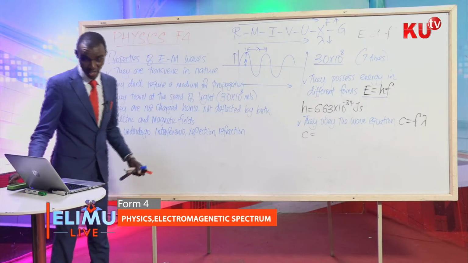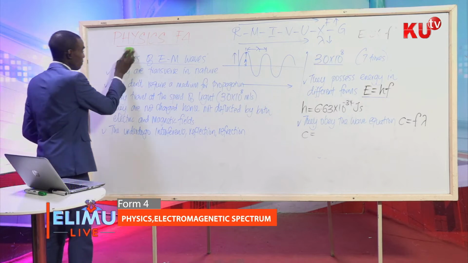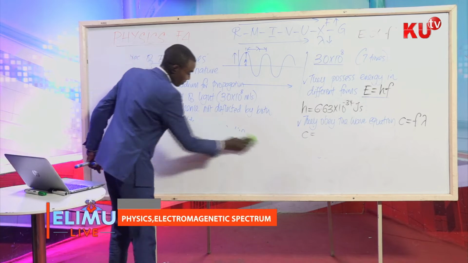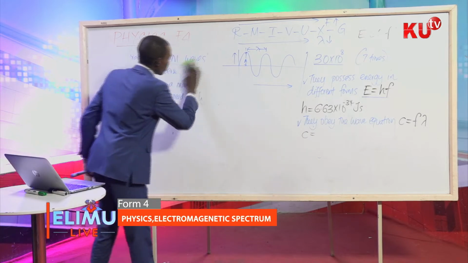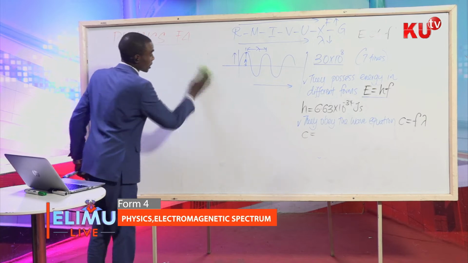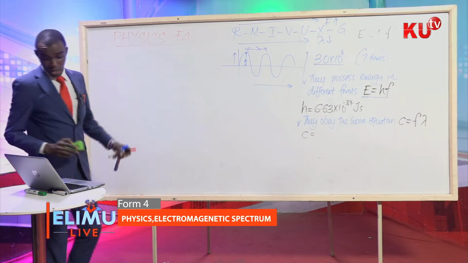So let's take this, if you're noting it down. Example number 1, before we look at how these radiations and waves are produced, detected, and later how they are applied.